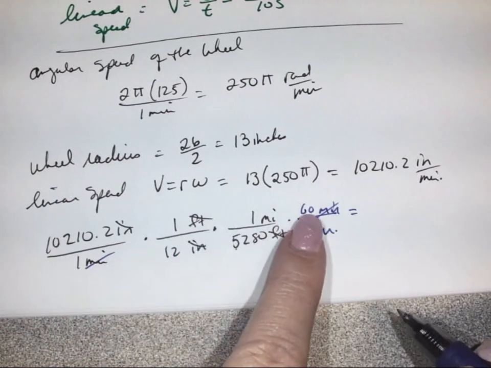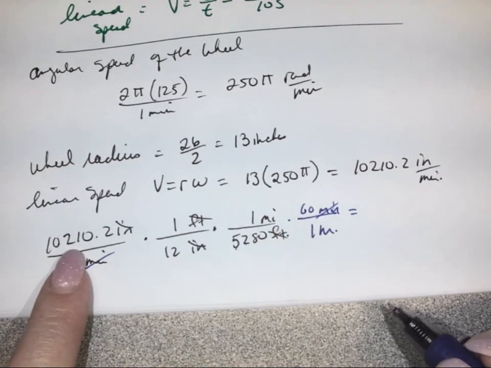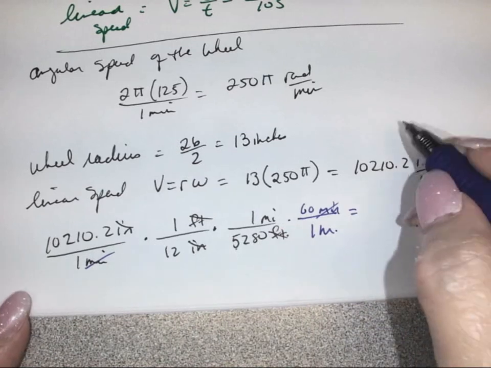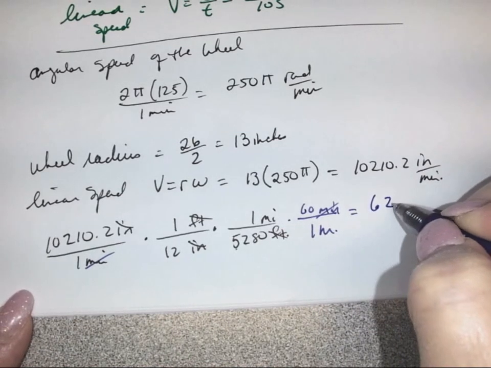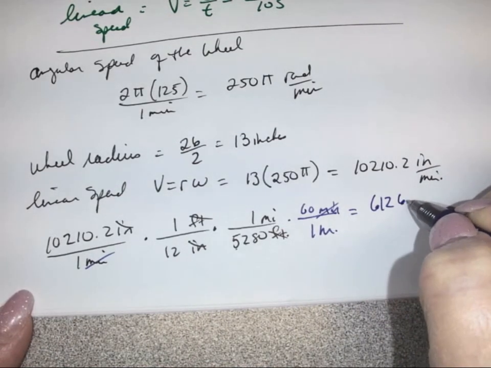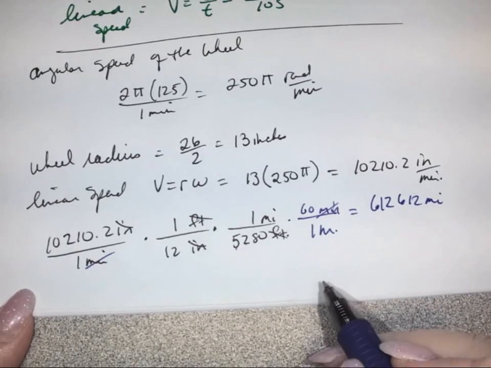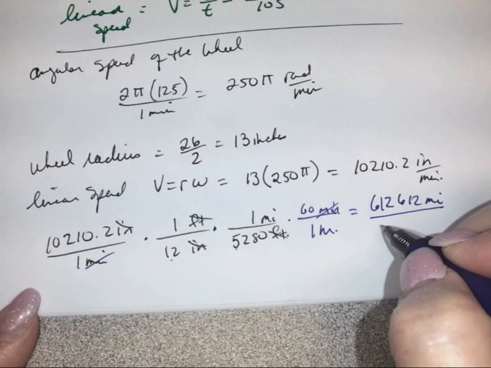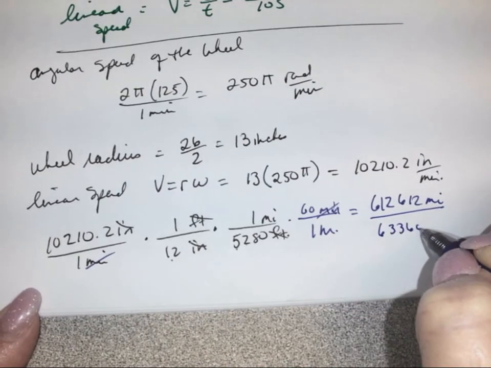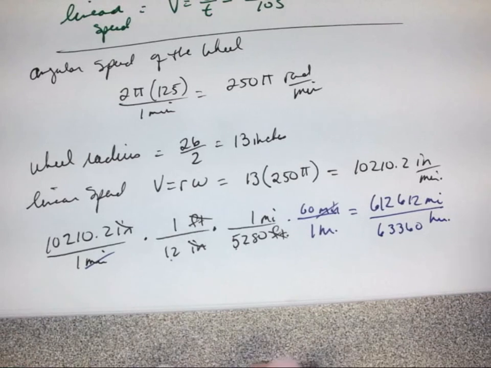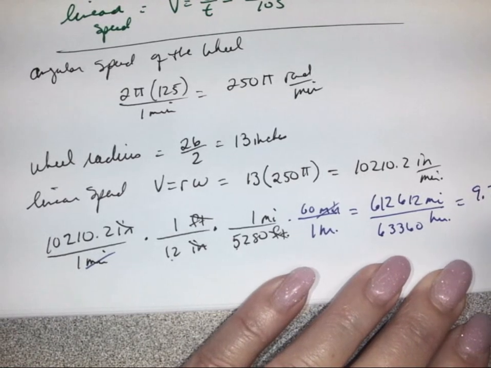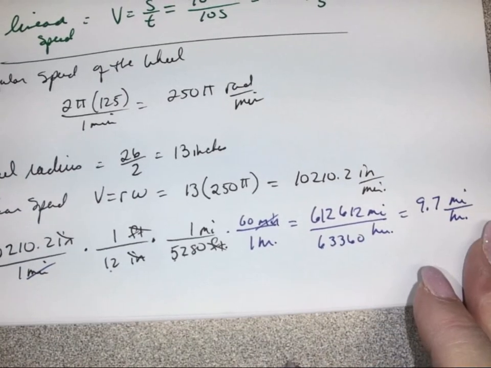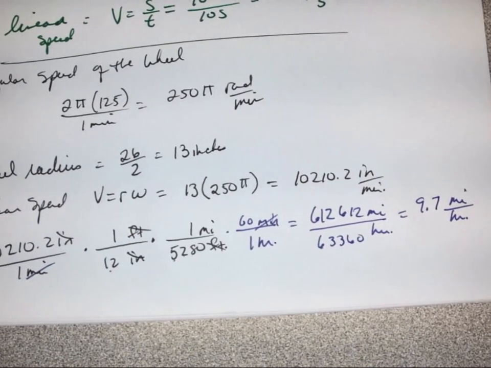If I multiply across, I get 10,210.2 times 60 on the top, divided by 12 times 5,280, which is 63,360, and that will get us 9.7 miles per hour. So make sure you do all of your units and that they cancel, so you make sure you're getting to your right value.